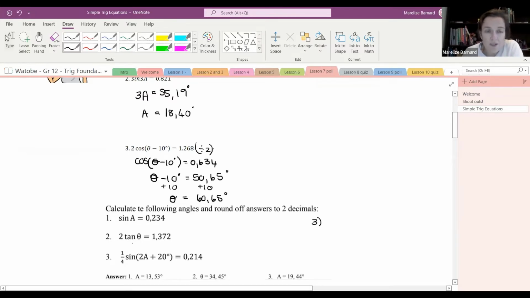So if it's a quarter, to get rid of that, we are going to times by 4, because a quarter times by 4 just gives me 1. But what I do on one side of the equation, I must also do on the other side of the equation. So that's going to give me sine of 2a plus 20 degrees equals 4 times 0.214, and that is 0.856.